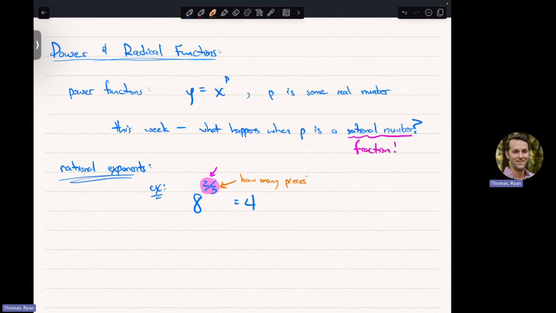The denominator says how many pieces we break it into, like cutting a cake into 3 slices. And the 2 is like the number of those pieces.